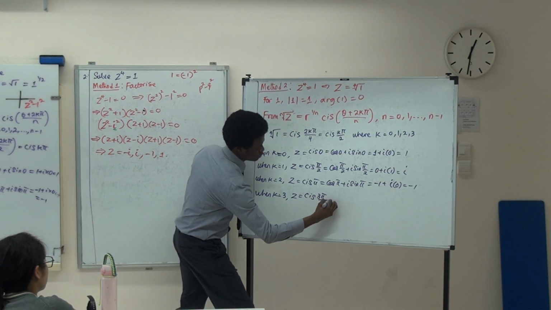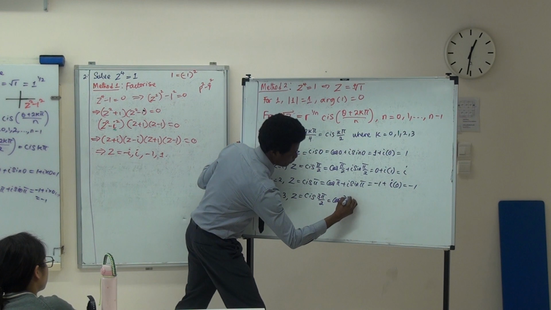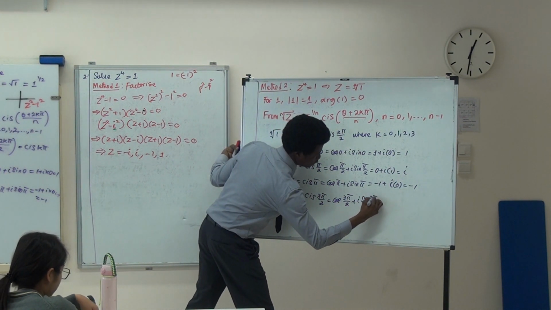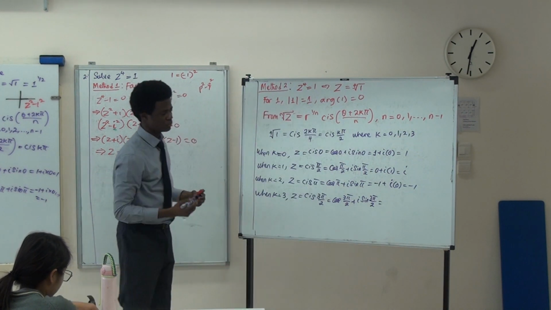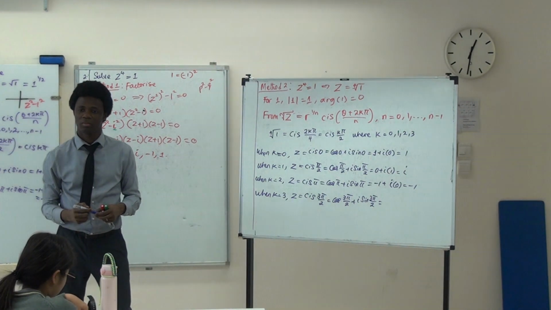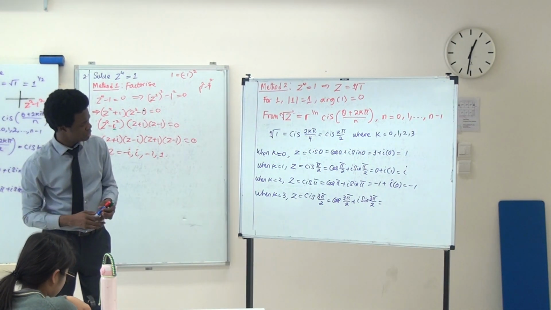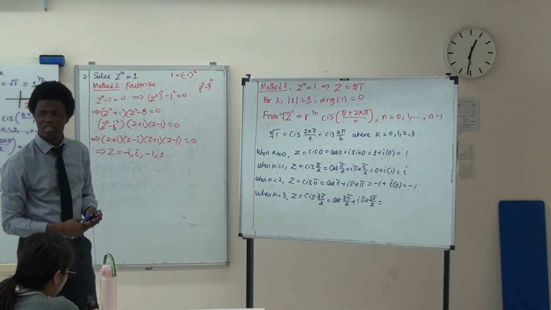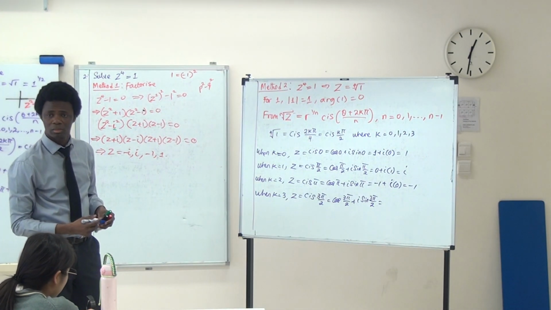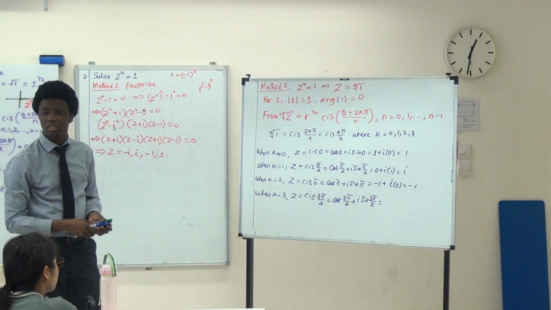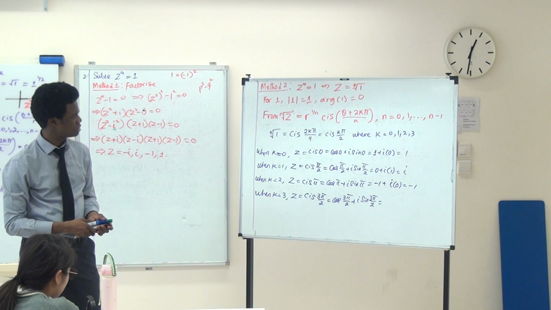3 pi over 2. So which is simply cos 3 pi over 2 plus i sin 3 pi over 2. What is cos 3 pi over 2? Pi is 180. 180 times 3 over 2, that's 270.